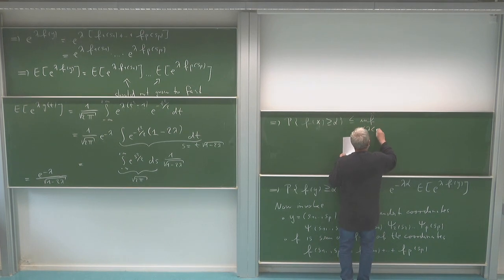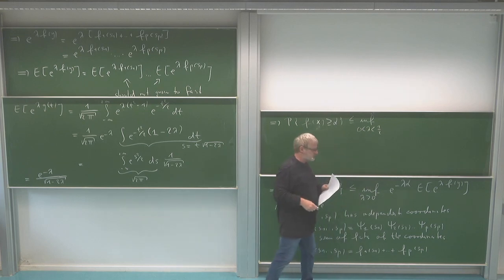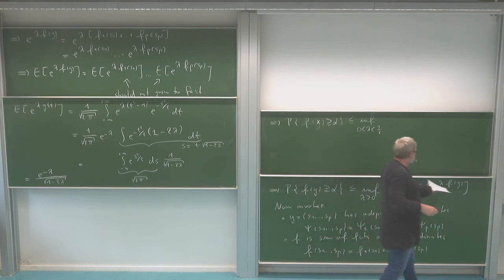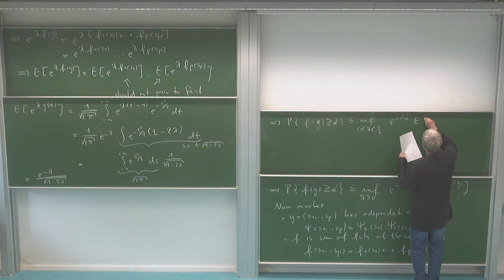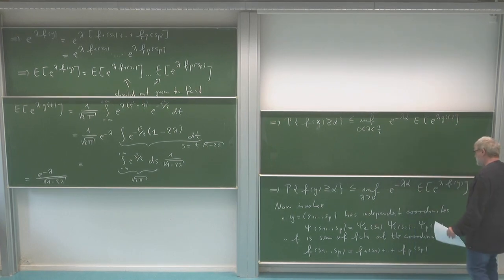And now I should restrict lambda between 0 and 1/2, because otherwise this guy here is infinity. And I still have here e to the minus lambda alpha. And here, in general, I have the expectation of e to the lambda g t.